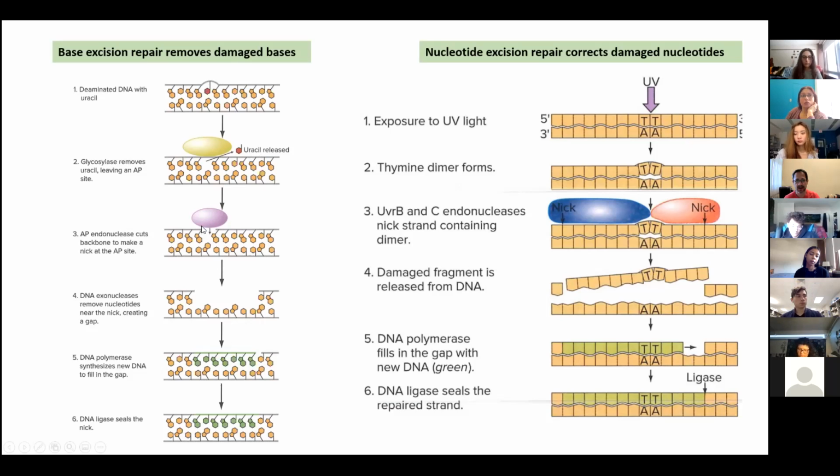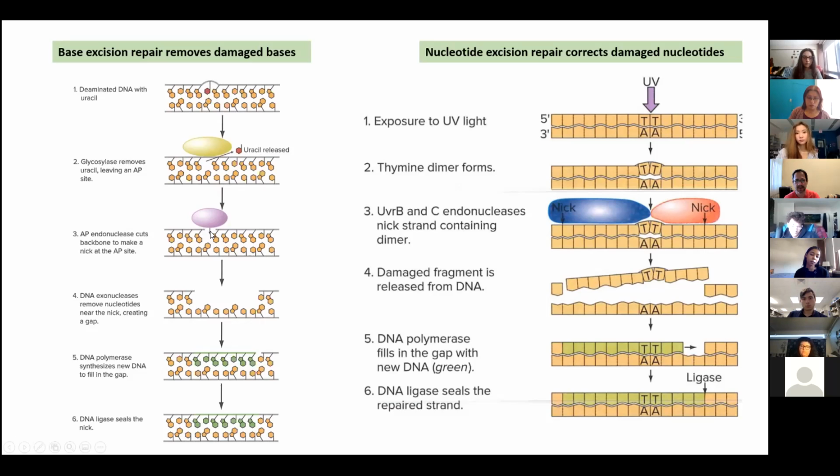That fragment of this strand will be removed, and then the DNA polymerase will fill that gap again. So basically, you remove the uracil, which is the one that was deaminated.